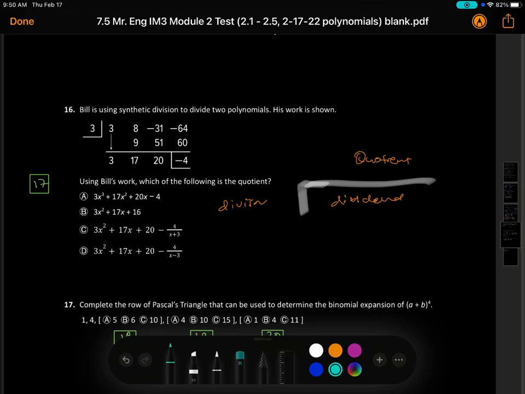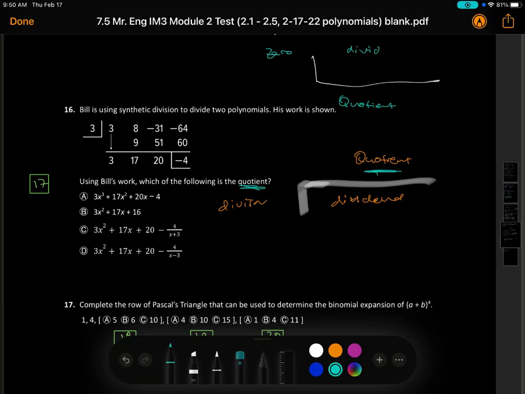We're looking for the quotient, and if you flip this, what's different is that this one's called the 0, because you set it equal to 0. The quotient, or your answer we're looking for in long division, is up here.